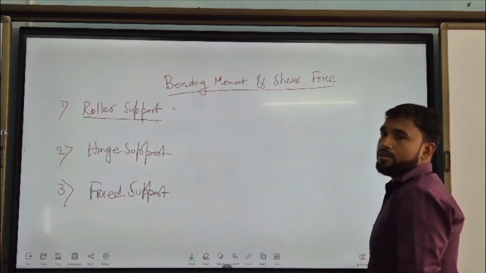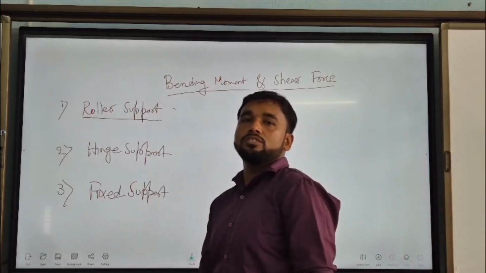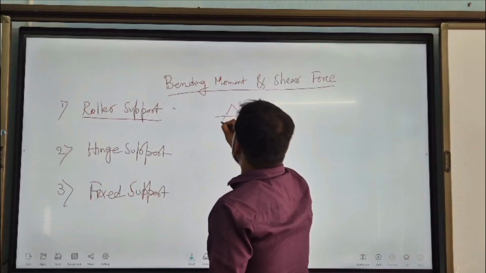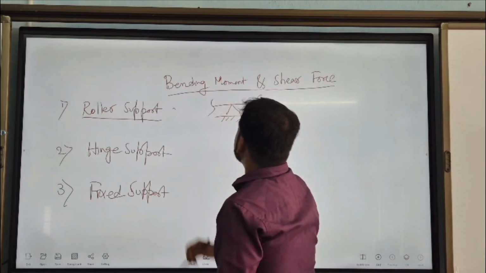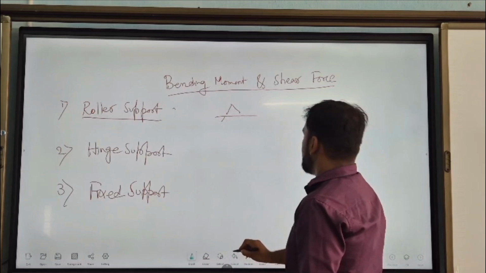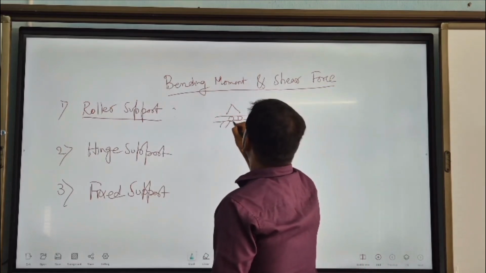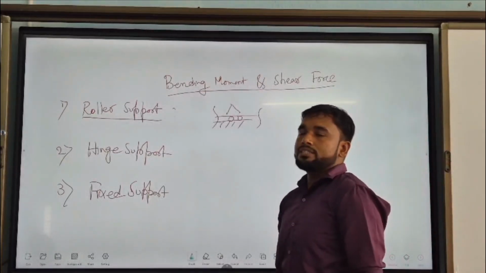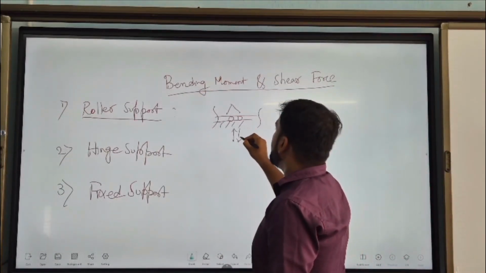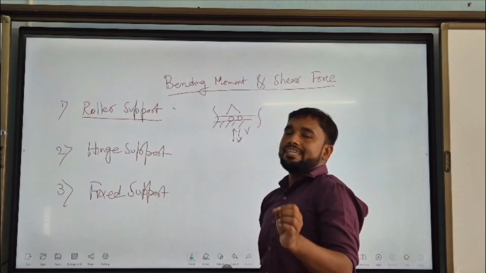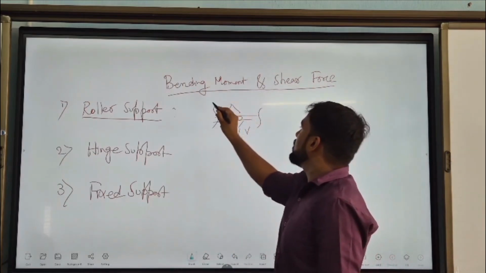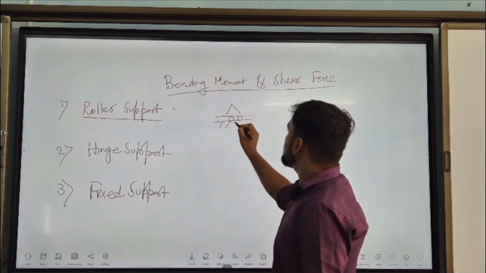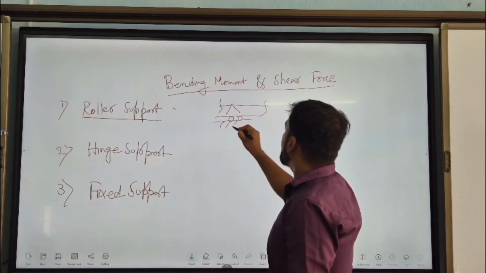All of you know the roller support is one which resists against vertical reaction. That means only vertical reactions are there. Only vertical reactions come in case of a roller support, either vertically upwards or vertically downwards.